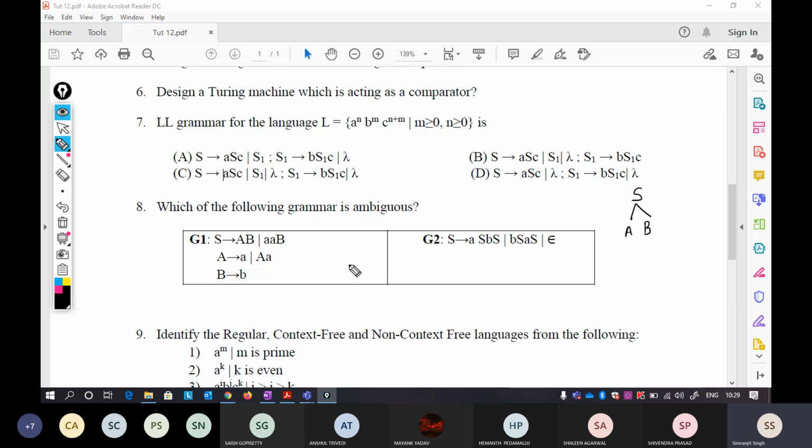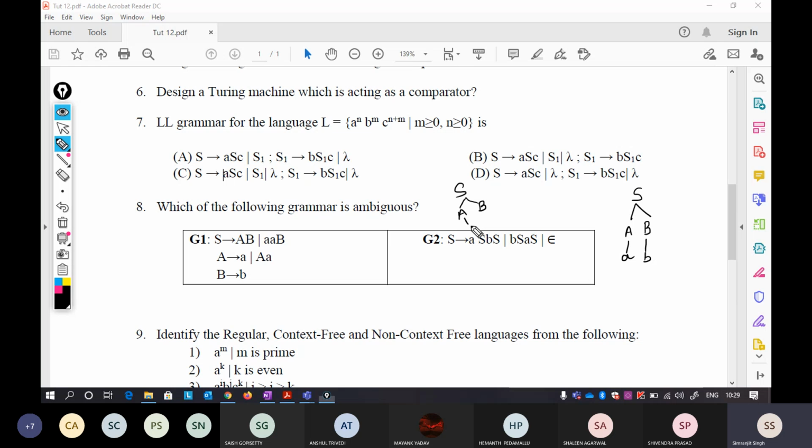I'm just randomly taking it. So AB can be derivable from this A and this B. I don't think that you can derive AB any other way. Can I? Okay, so I think AAB will. Let me see. AB, and then I want two A's here.